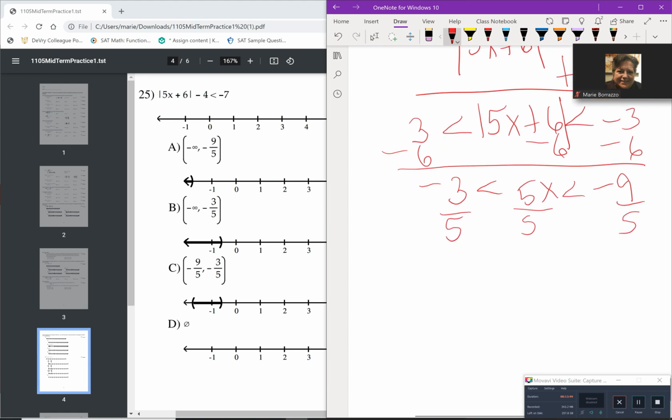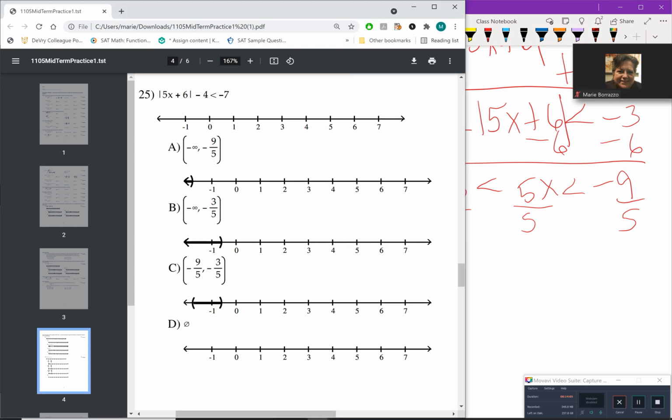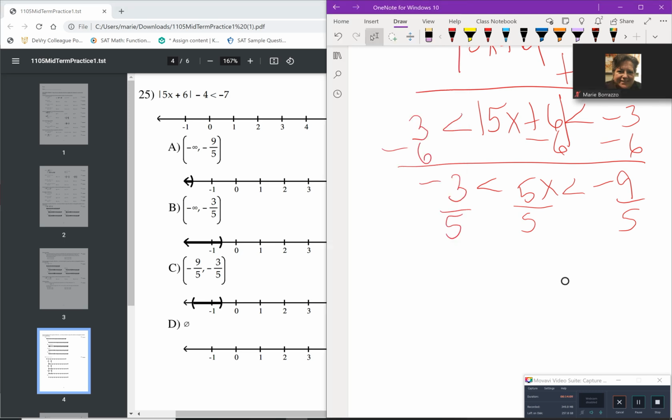And I want you to reason this through. Those answers look very enticing. I'm looking at especially C, and I'm thinking maybe C, but the truth is this is a null set. This is not a possible value. Think about what this implies. X is a number that has to be less than negative 9/5.